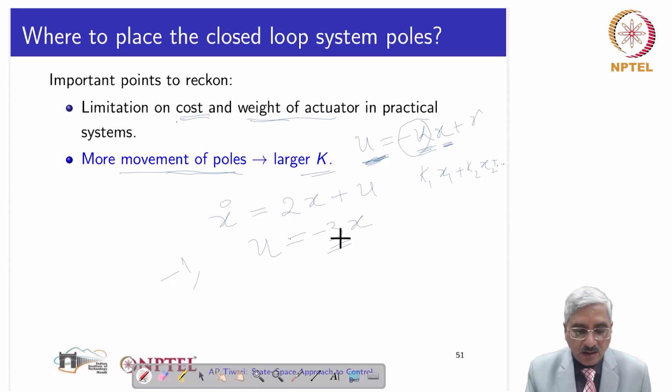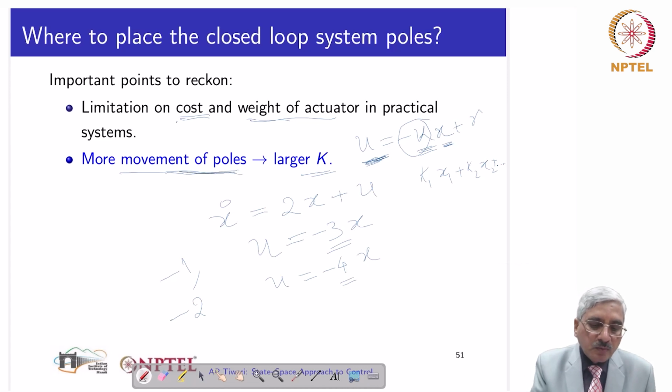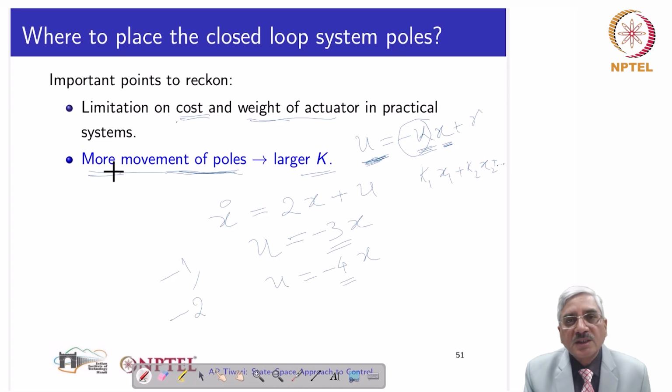If the closed loop system pole has to go to minus 2, then u will be minus 4x, meaning that the gain is 4. In this manner, for higher order systems also, generally we find that if the poles are to be moved more relative to their open loop locations, then the k values are large.